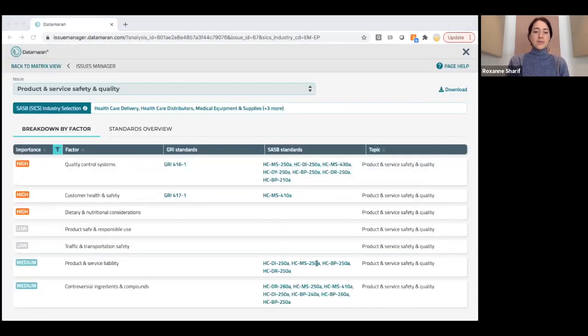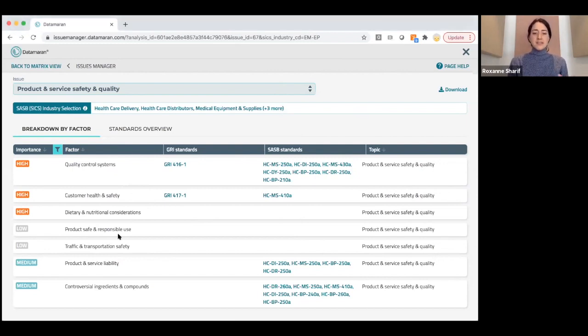Great. And what we can see is on the far left, the factors of high, medium, and low importance. And then each of the factors which feed into the product and service safety and quality topic.